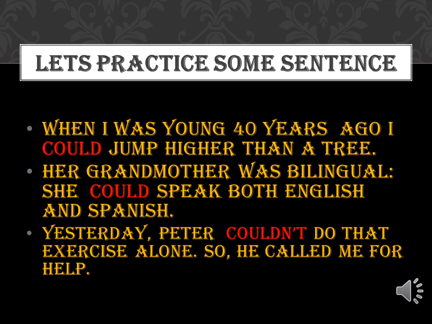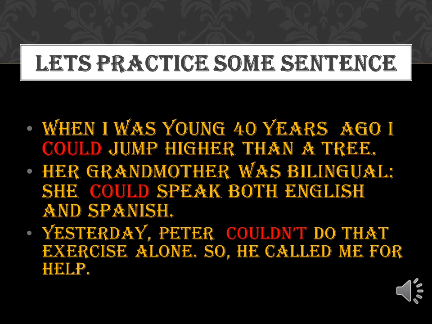The second sentence is, her grandmother was bilingual. She could speak both English and Spanish. Now this sentence is about the grandmother who was bilingual and she could speak both the languages, that is English and Spanish.